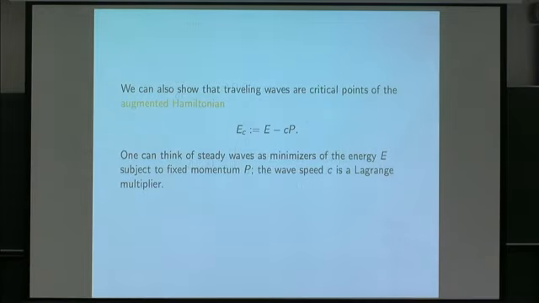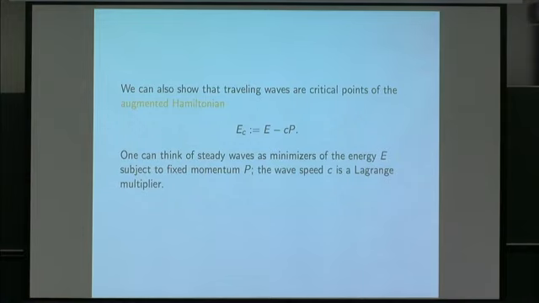Okay, so then you can show that actually these traveling waves are the critical points of the augmented Hamiltonian, right? So you take the energy, subtract off c times the momentum, and so you can effectively think of steady waves as minimizers of this energy subject to fixed momentum, which is of course a very productive point of view in many aspects, but also one which has been used a lot in water waves.